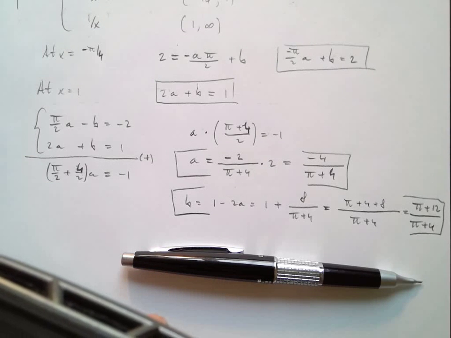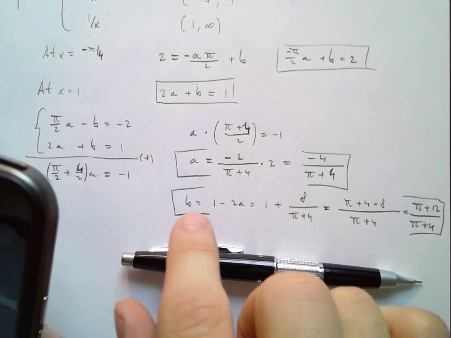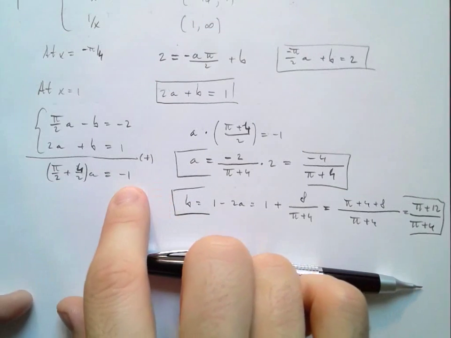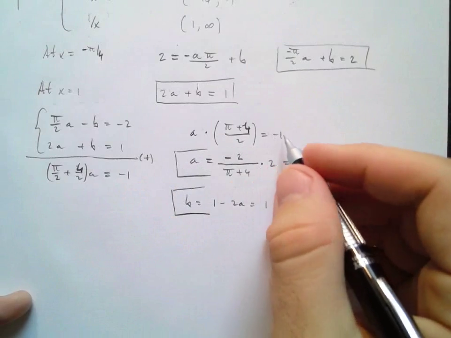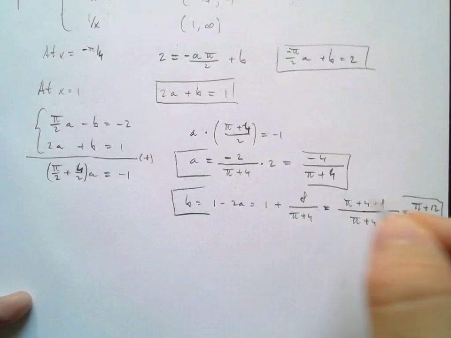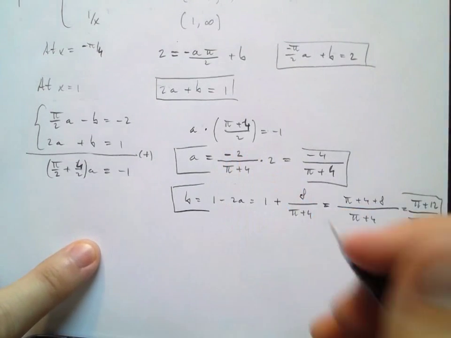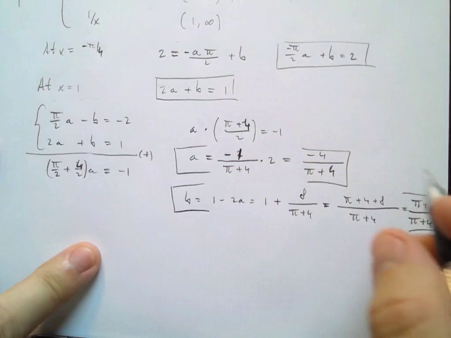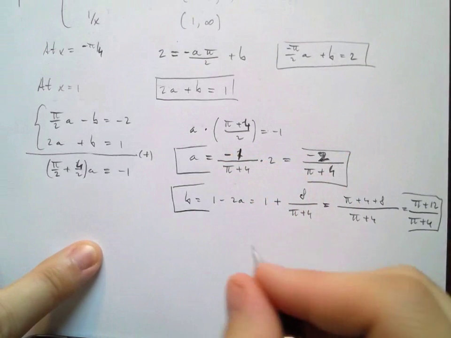So a turned out to be, let me see, oh, of course, this is minus 1. I don't know where I got this extra 2 from, so this is my mistake right here. This is minus 1 times the 2, and so a should be just minus 4 over that.